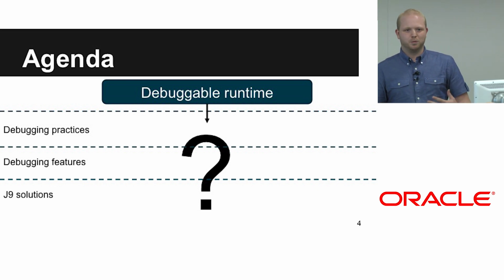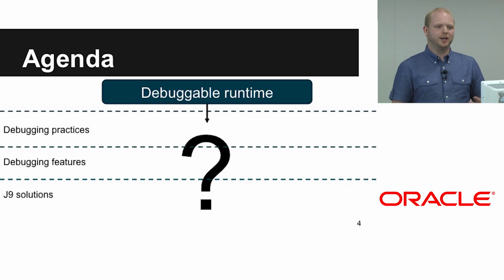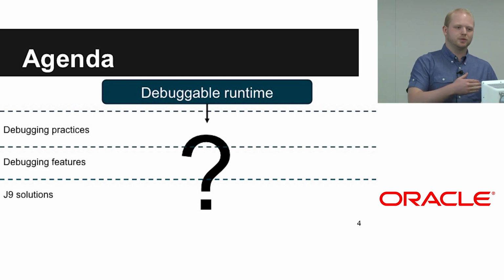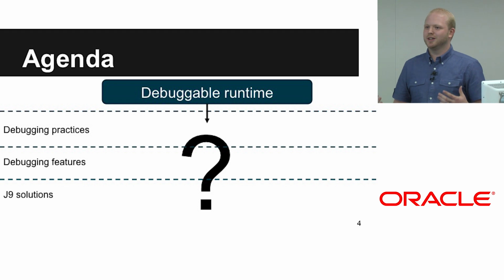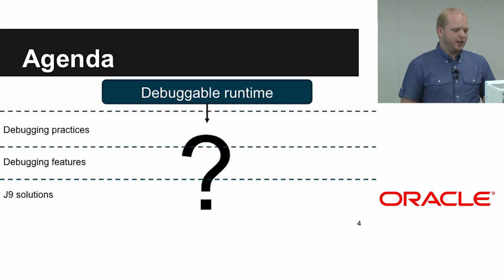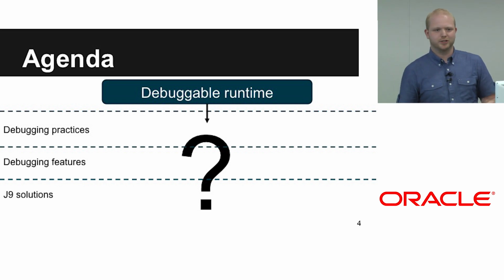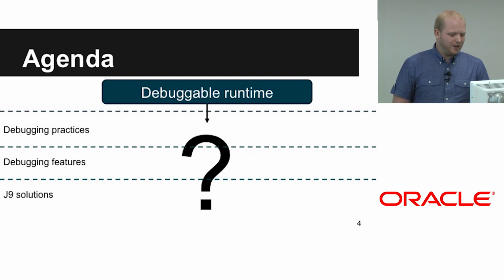To solve a defect, I would mostly work on a VM defect, but we also do triage work: which component does this defect actually belong to? Is it a JIT issue? Is it a garbage collector issue or whatever? And it's nice to have tools for that too, where we can very quickly figure out where this bug actually resides.